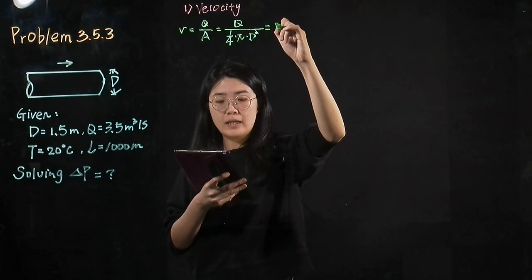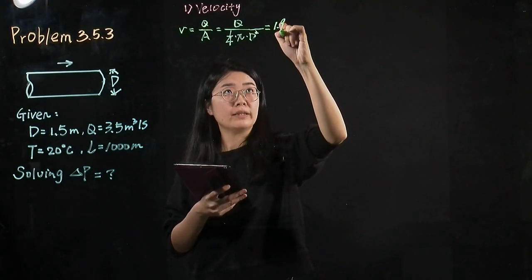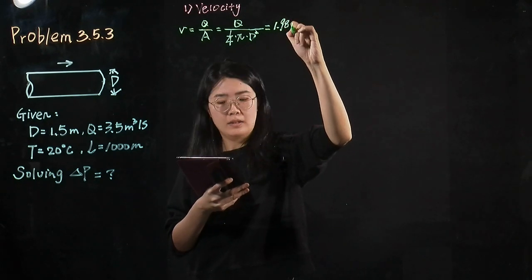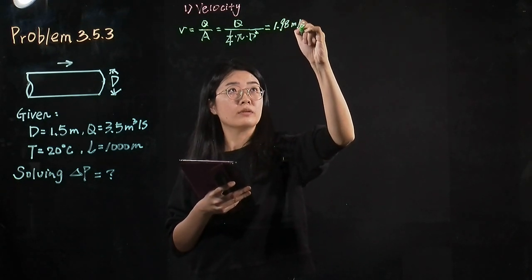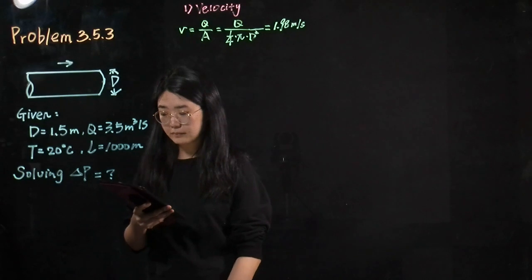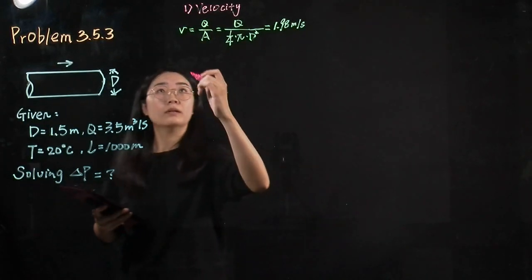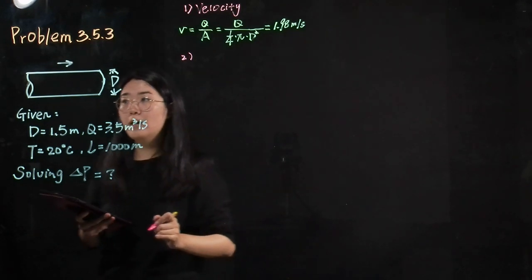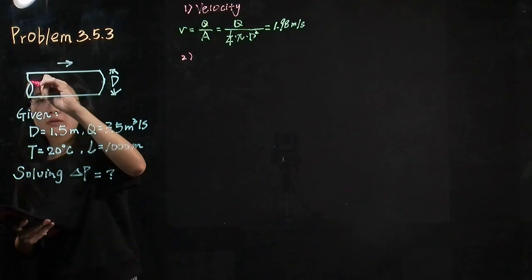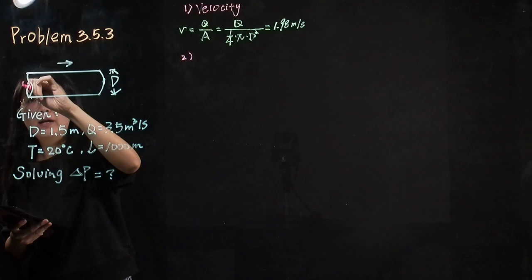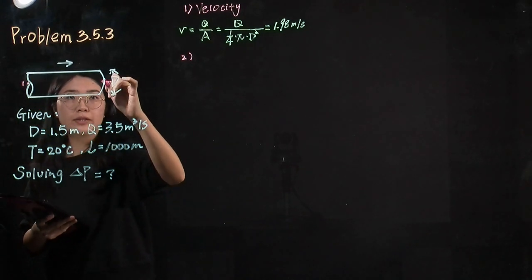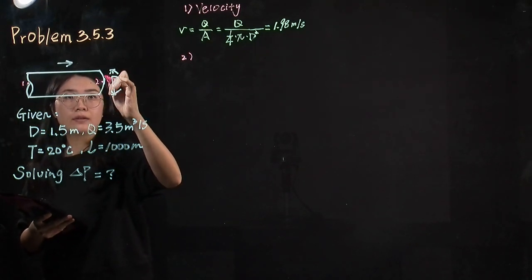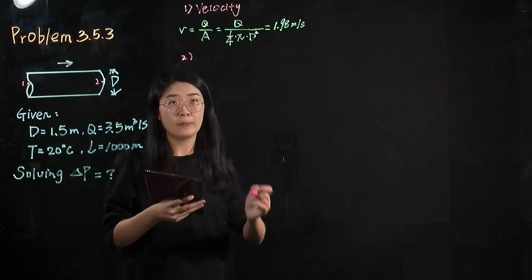The velocity is 1.98 meters per second. After we know the velocity, we can pick 2 points to write down the energy equation. We choose point 1 at the upstream and point 2 at the downstream.